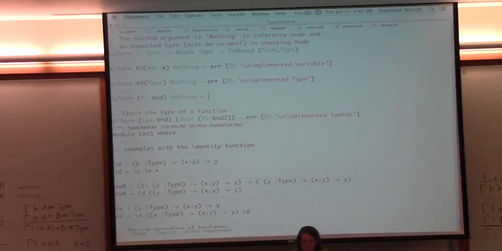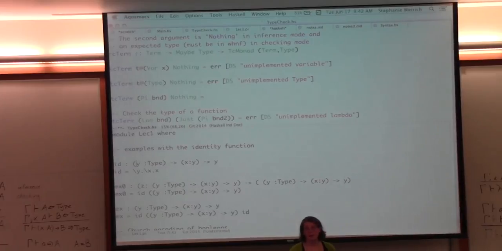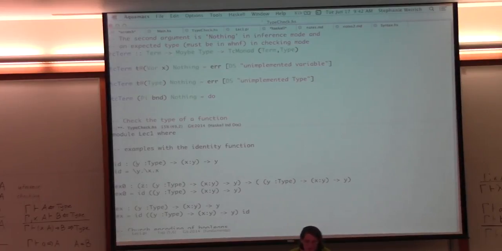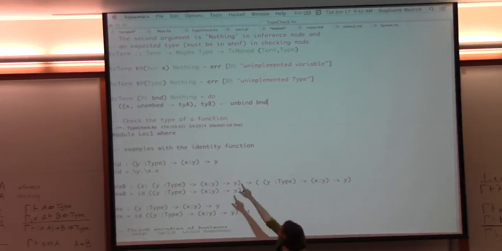So pi is a little tricky because it actually binds a variable. And so the very first thing we have to do is ask unbound to take apart that binding for us. And we can do that using something that looks like this. So what does this mean? Unbind, bind. So a binding, BND, is an abstract thing that we can't have access to until we ask unbound to take it apart and give us its components.